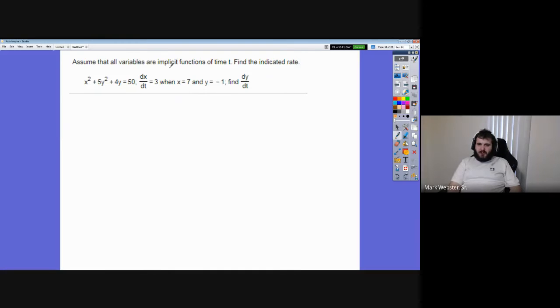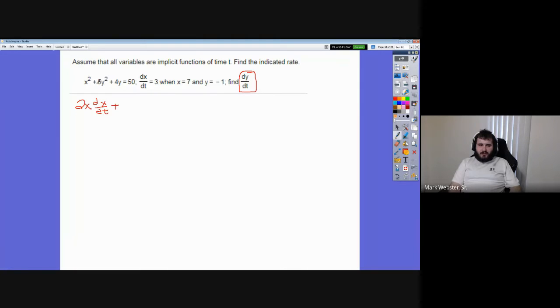All right, here's another one. Assume that all variables are implicit functions of time t. So again, we're taking the derivative with respect to t implicitly, and we want to find the indicated rate. We want to find dy/dt. So let's do this. Take the derivative implicitly of everything. The derivative of x squared is 2x dx/dt.